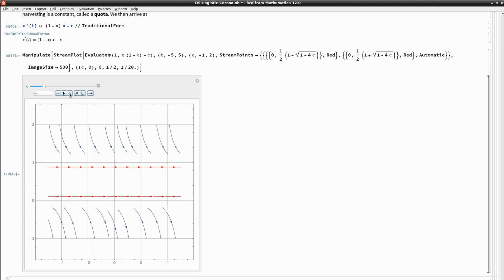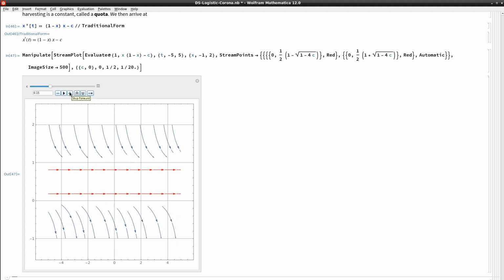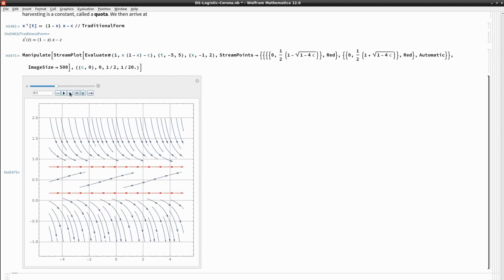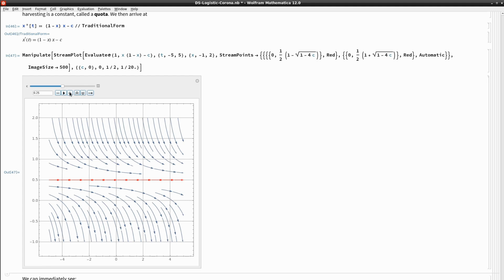We see that we still have an upper fixed point that is stable, a lower fixed point that is unstable, and as C increases all the way up to a quarter, they are getting closer and closer, and at a quarter they have the same value. So if we are coming from above, it's still stable and it stays at 0.5, but below it goes away from it.